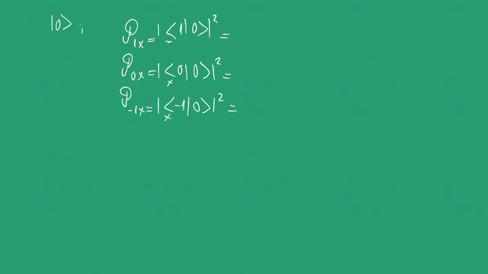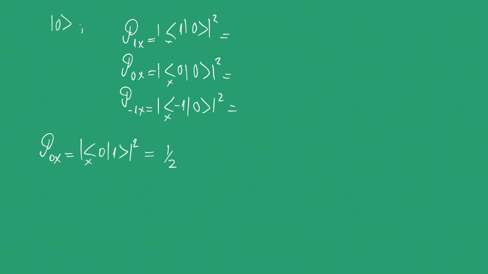Previously, we had this probability of finding ket 0 if the input state is ket 1, given by this expression. And this expression was equal to half.